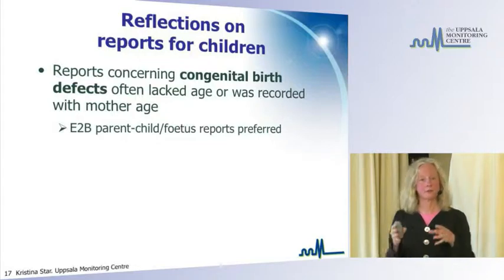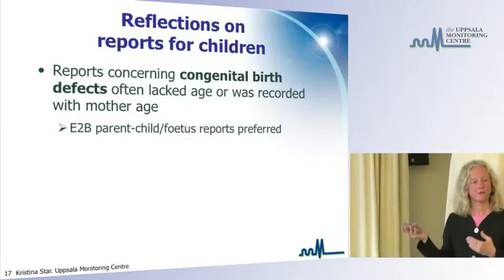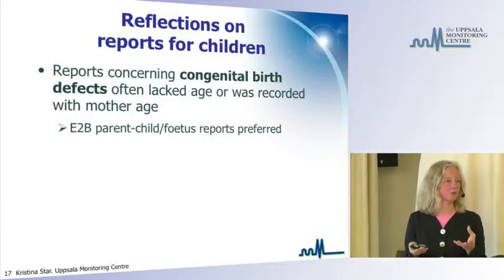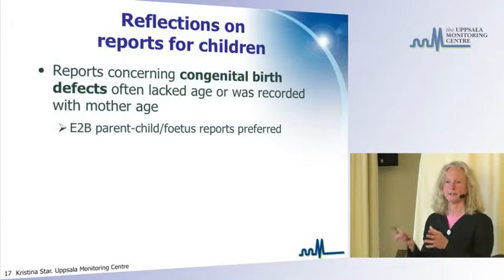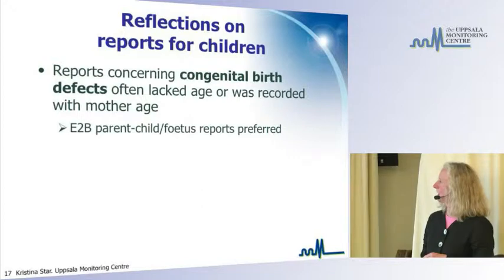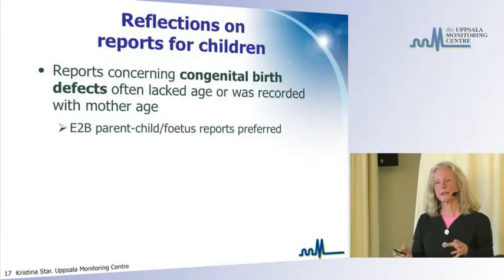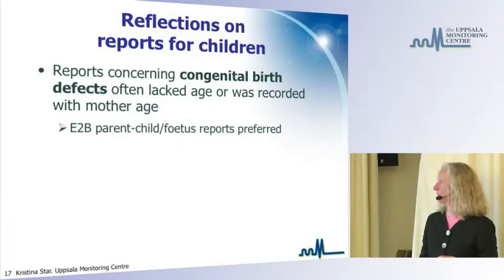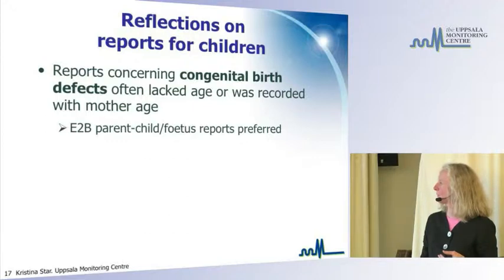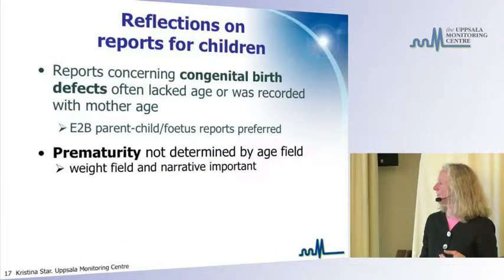So the reporting of parent-child is much better now than it used to be, and I mean we studied all years. If you don't use this newer format, it's important in this case to record the age of the mother in the narrative, for example, just so that both are there.